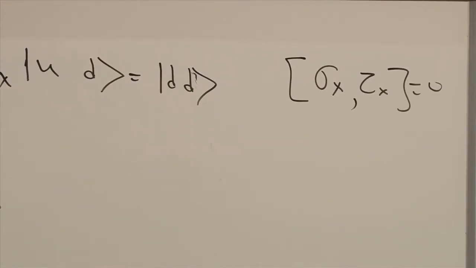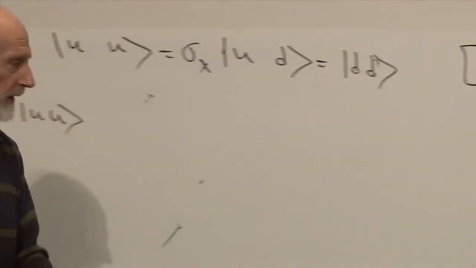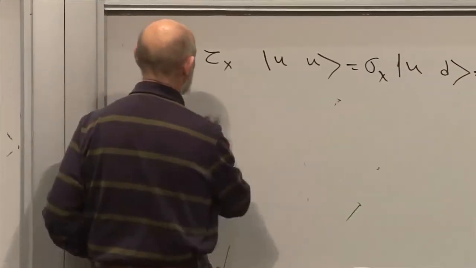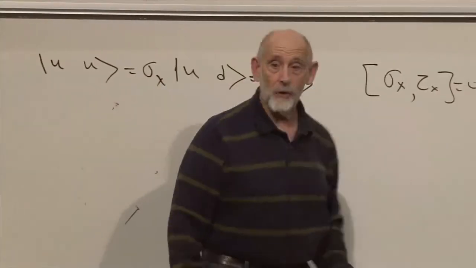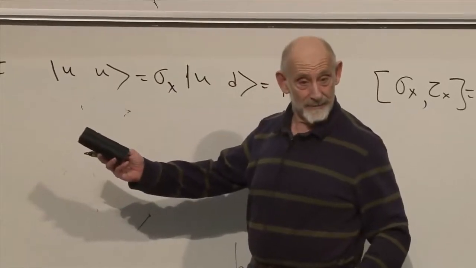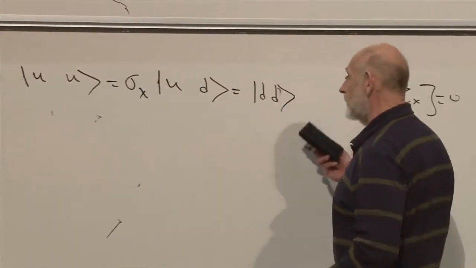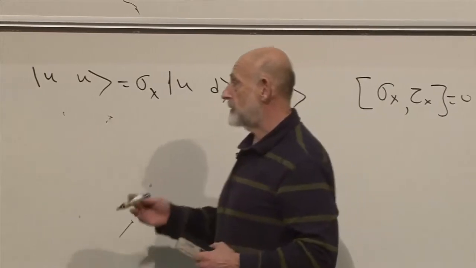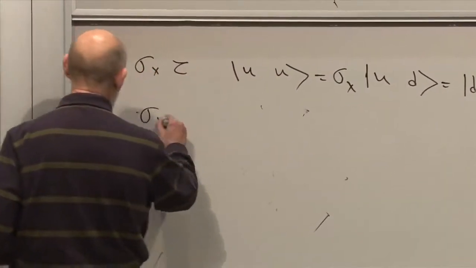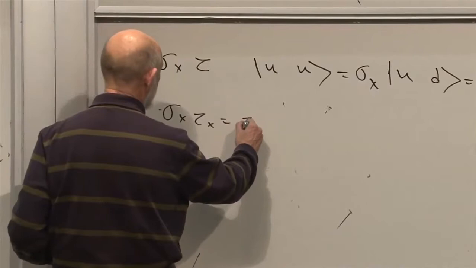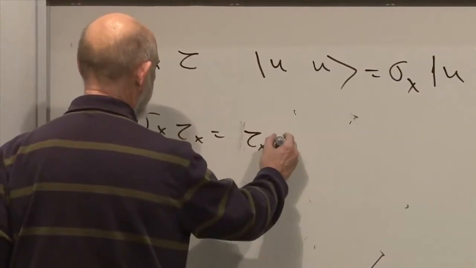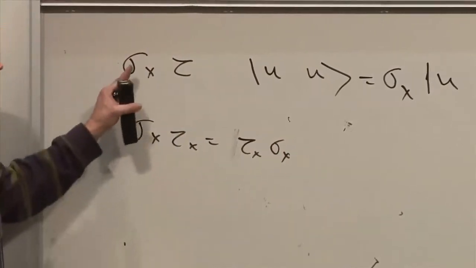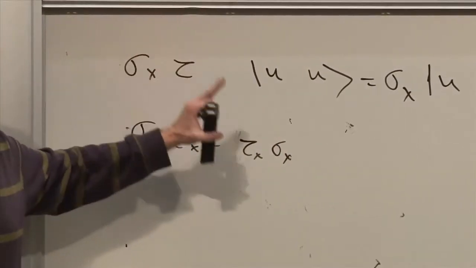Let's try it for sigma x times tau z. Oh, I have not proved this because I only exhibited it for one particular state. In order to argue that sigma x times tau x equals tau x times sigma x, you would have to show that they give the same thing when acting on any basis vector.